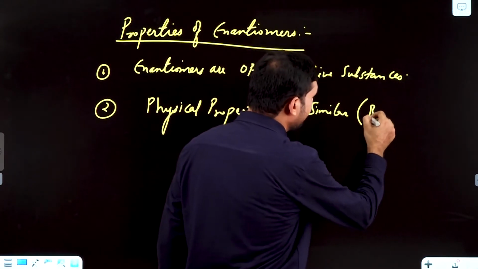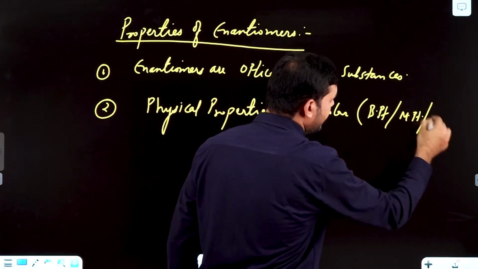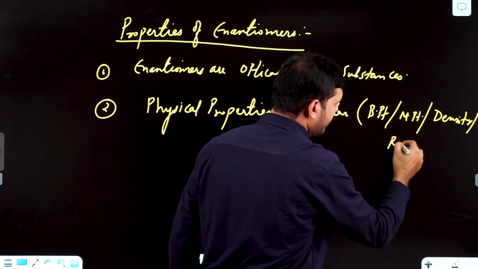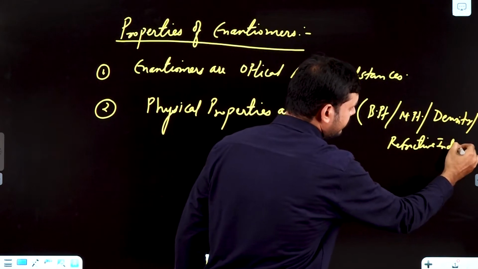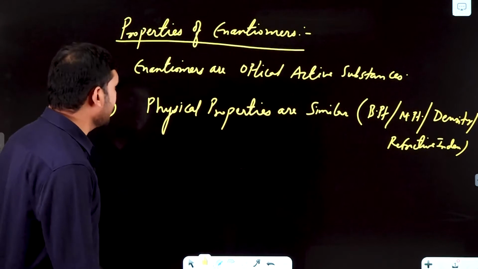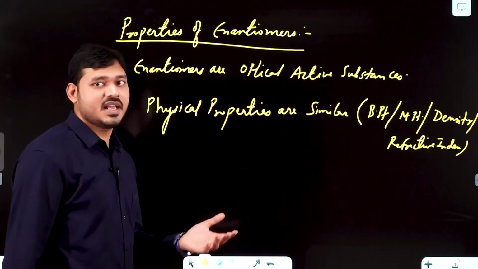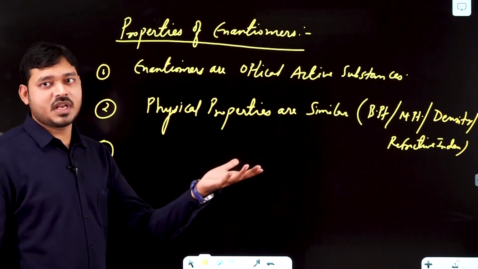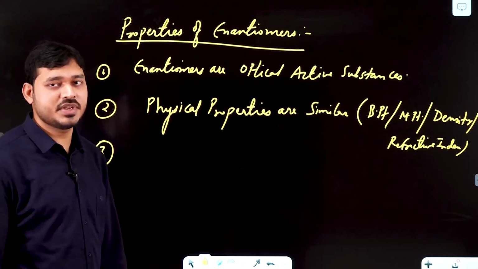For example, boiling point, melting point, density, refractive index. Okay, almost all these physical properties are similar in enantiomers. Now generally we can say they exist in pairs. Generally we can say, because if you have one compound optically active, then its other form will also be there. Both will be optical isomers of each other.